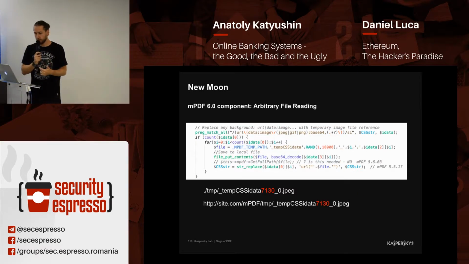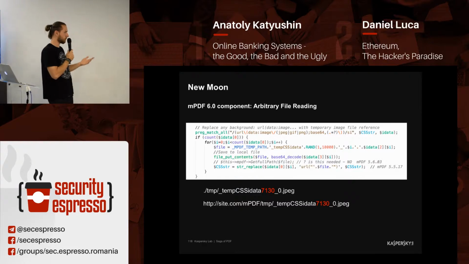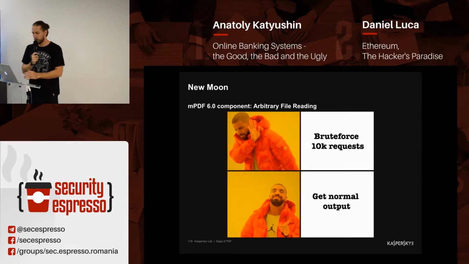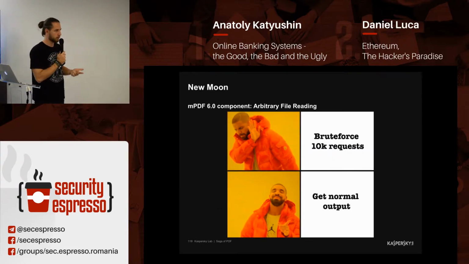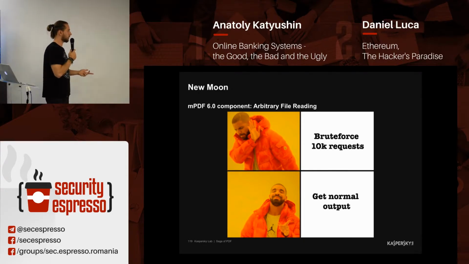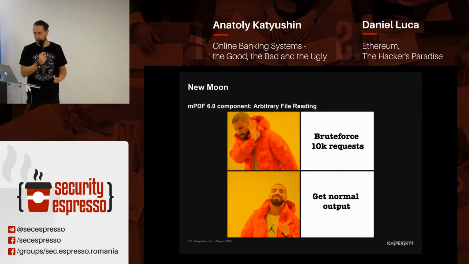And this file will have a foreseeable name, so we can try to guess it and download it from the web directory, but you have to brute force 10,000 requests, or just get normal output, how we did. And also please keep in mind it's still Symfony, we can't access the web directory.